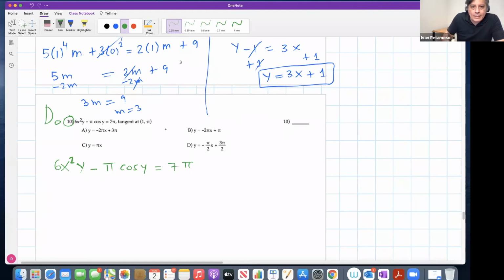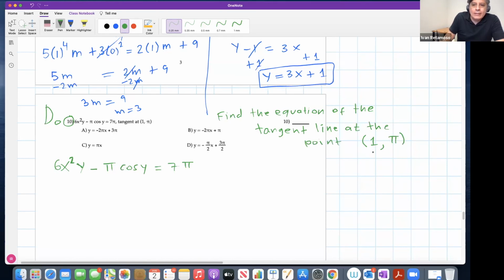So find the equation of the tangent line at point 1 comma pi, right? It's not that they want the slope of the tangent line everywhere, right? They just want that slope here, and further they want the equation of the tangent line, right?